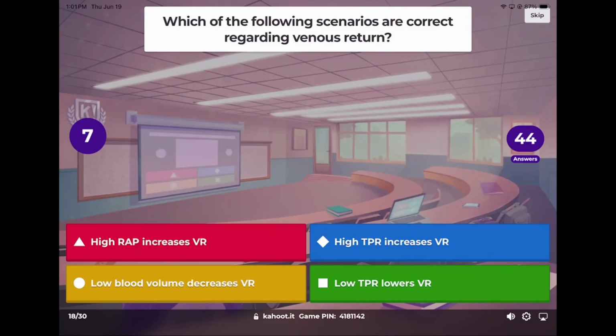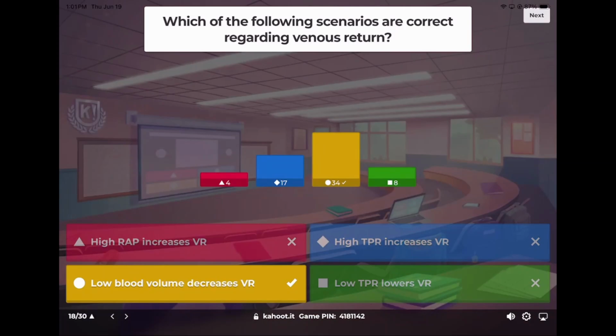Having a high right atrial pressure, what does that do to our pressure gradient for flow from the left ventricle to the right atrium? It decreases it. So that can't be the answer. High right atrial pressure decreases venous return, doesn't increase it. High TPR increases venous return?